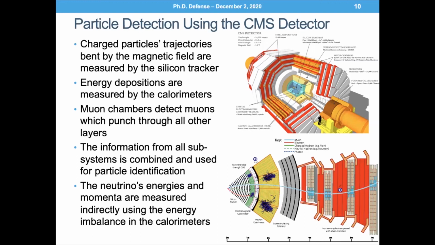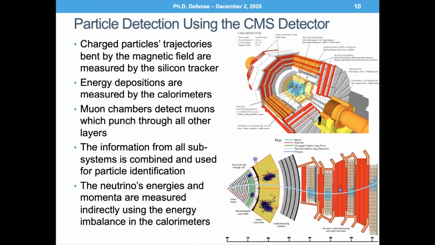When an interaction happens in the detector, the paths of charged particles coming from the interaction point will be bent by the magnetic field as they proceed through the tracker, which is the innermost layer of the detector. The tracker is silicon pixels in layers. As a particle leaves the interaction point, it interacts with different layers, and we can build up a track. You can use the curvature of this track to measure the charge and the momentum of the particle.